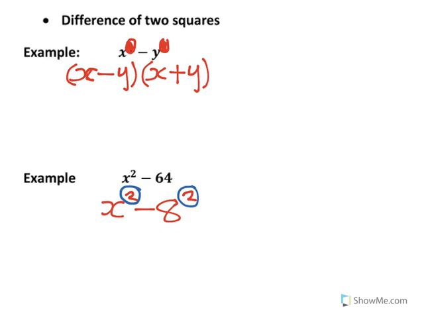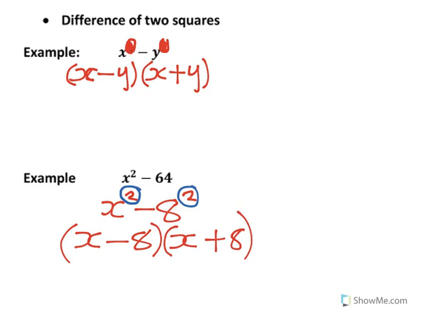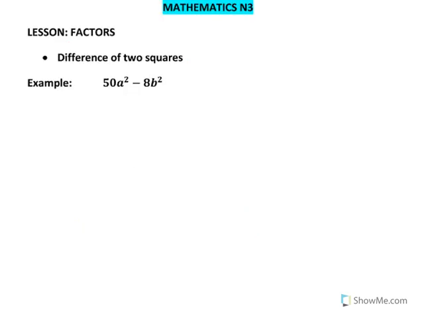Again, if you pretend that you don't see the squares, what you're going to have is x minus 8, and the other one is going to be x plus 8. This is the solution of x squared minus 64 when you're solving it through a difference of two squares. That is what they mean by factorizing.